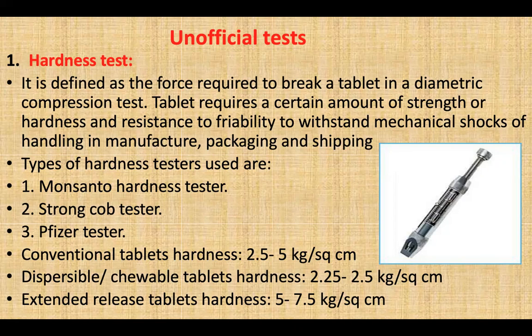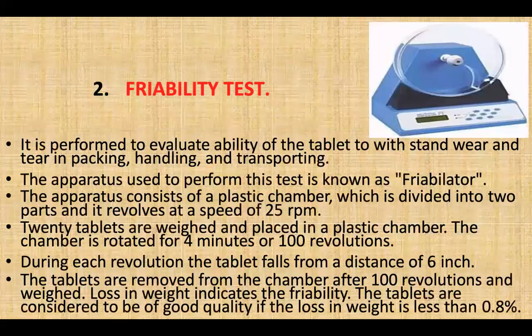Types of hardness testers used are the Monsanto hardness tester, Strong Cobb tester, and Pfizer tester. Conventional tablet hardness is 2.5 to 5 kg per square centimeter. Dispersible or chewable tablet hardness is 2.25 to 2.5 kg per square centimeter. Extended release tablet hardness is 5 to 7.5 kg per square centimeter.